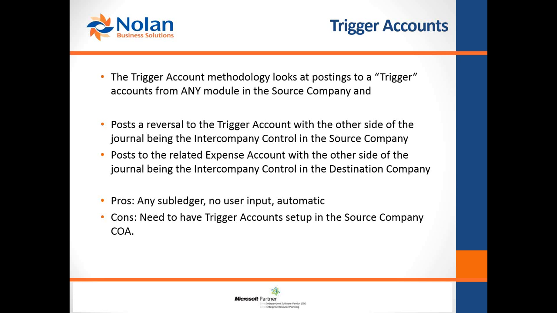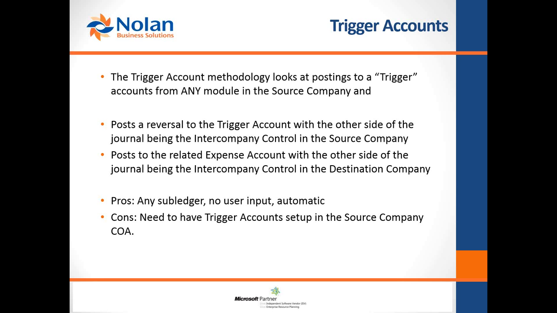What we then do is we go across to the destination company and we post a journal in the destination company related to the relevant expense account related to the trigger account. And that can all happen automatically.